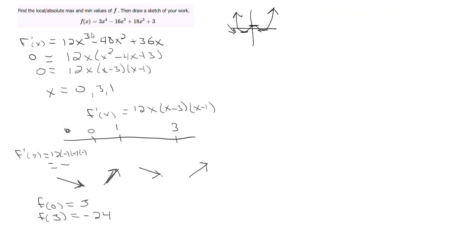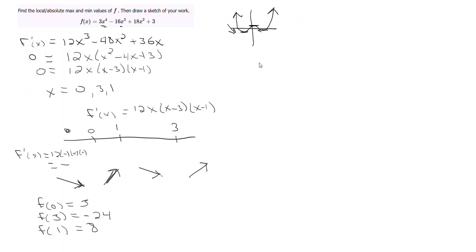I didn't write it down. I'm figuring you guys can probably do that from here, right? I'm just really throwing in 3 in place of x for this and seeing what comes out from my original function. And then f of 1 is going to be 8. All right, so then we have enough info. We can probably sketch this thing now.